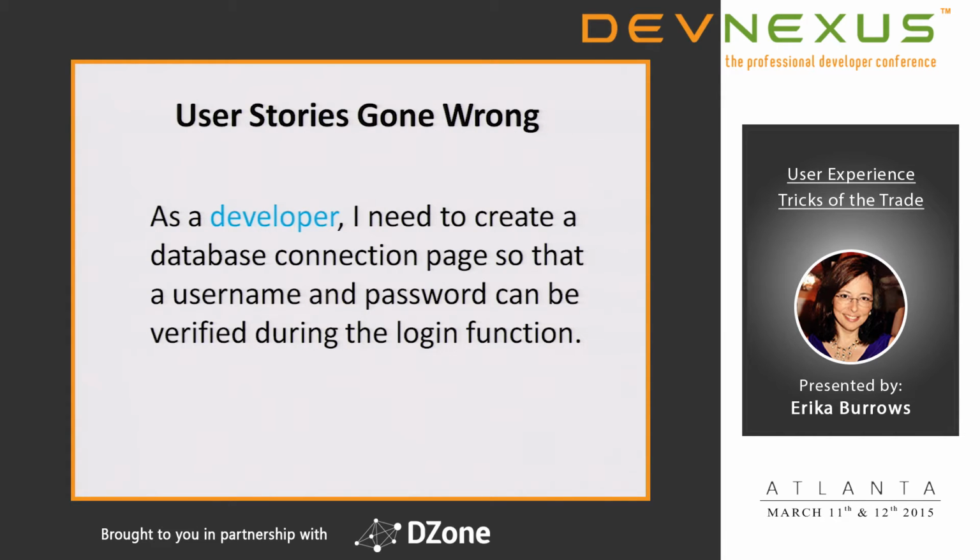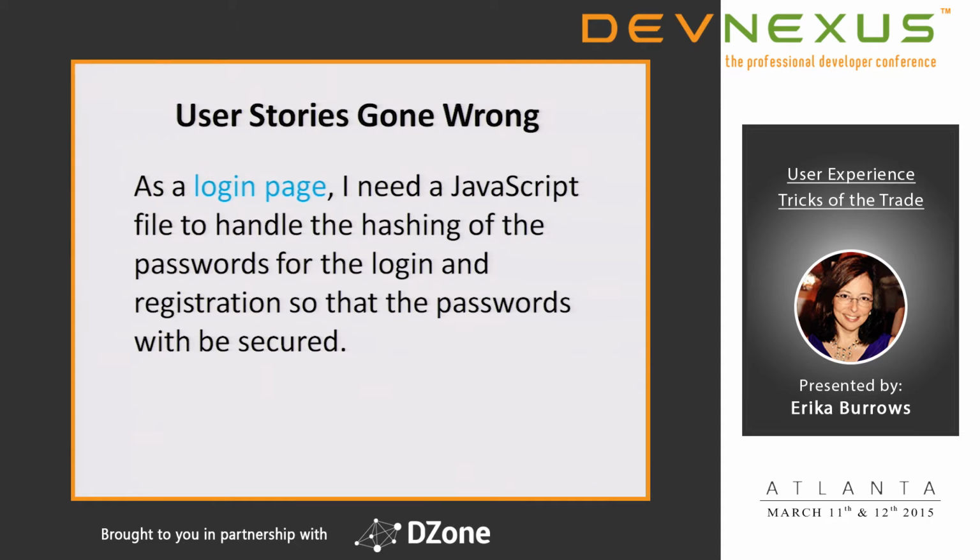"As a login page, I need a JavaScript file to handle the hashing of the passwords for the login and registration so that the passwords will be secured." Do we want to even begin what's wrong with this? This happens a lot. It's when you start really getting into, from a technical perspective, what the technical needs are.